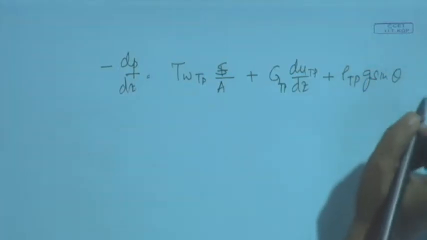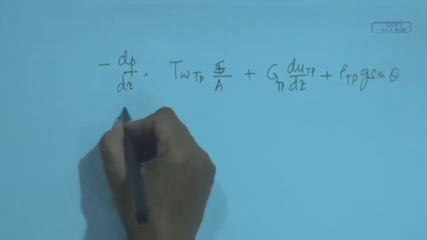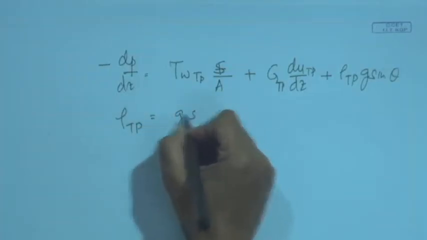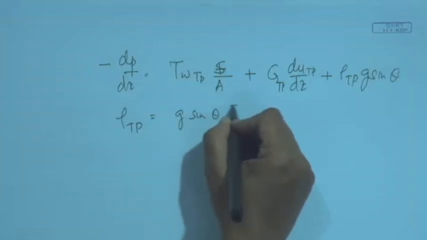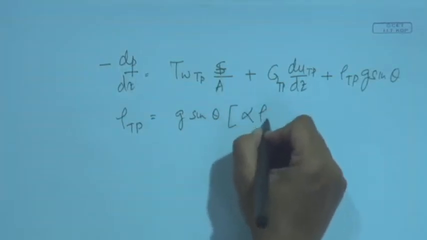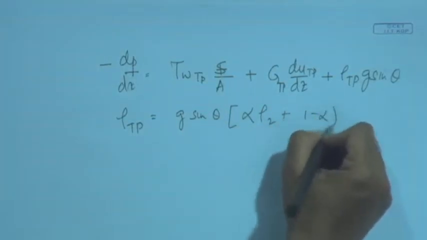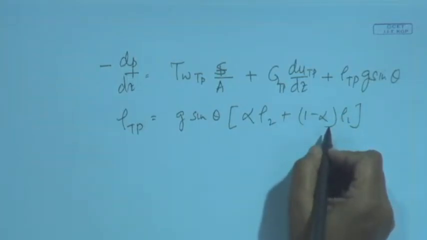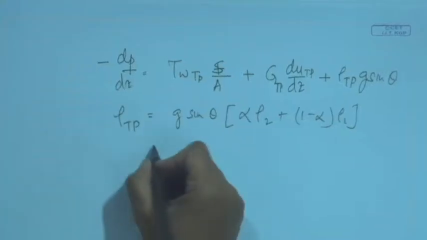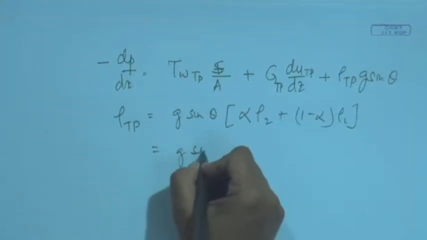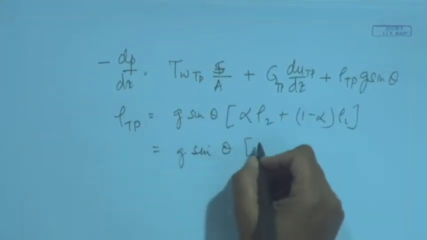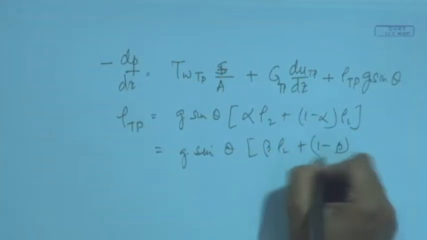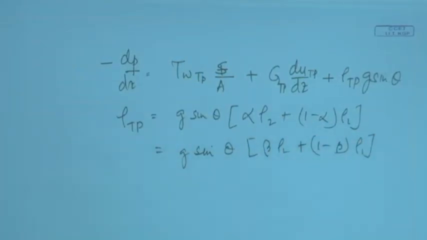Now, in this particular case, what is rho TP equal to? Rho TP is naturally equal to alpha rho 2 plus 1 minus alpha rho 1, where alpha is the in situ void fraction, and in this particular case, since alpha equals beta, we get this as beta rho 2 plus 1 minus beta rho 1, right.